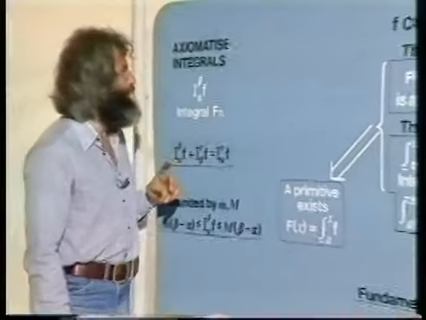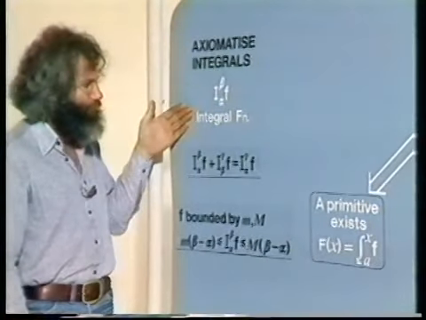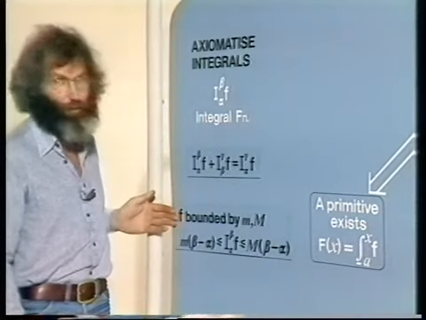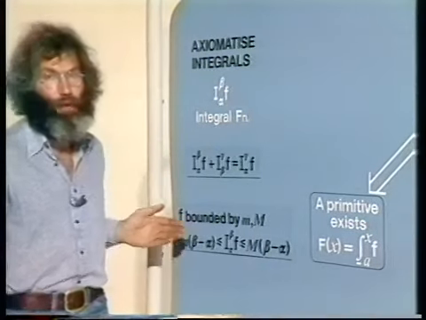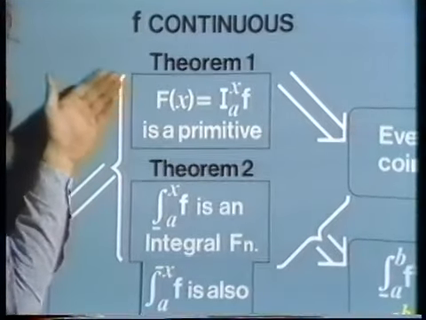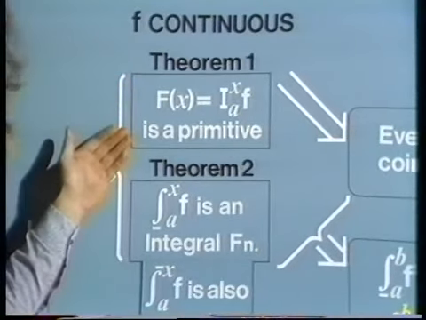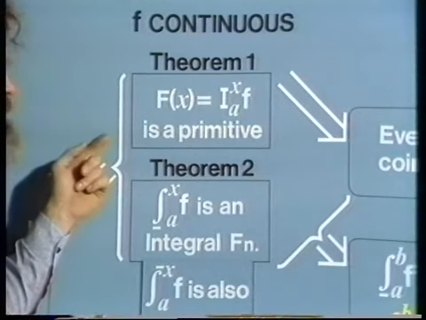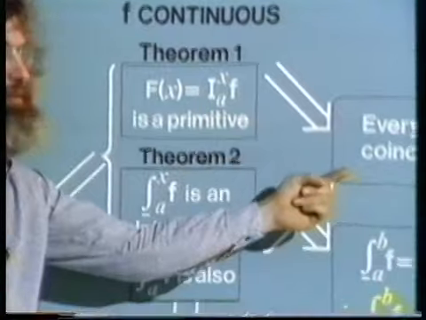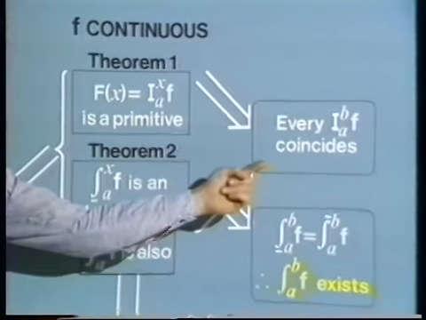We started out by axiomatizing integrals. We define an integral function to be something which just satisfies two axioms. We used those two axioms to prove that, provided the function was continuous, any integral function gave rise to a primitive. Any two primitives differ by a constant, so we deduced from that that any two integral functions coincided.